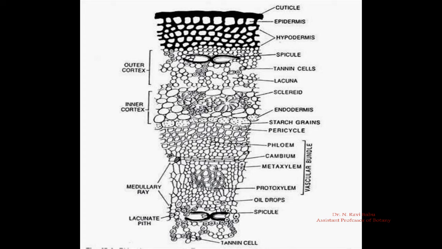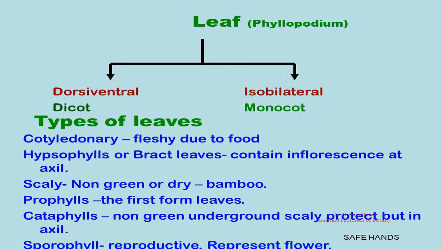Now, the leaves may be dorsiventral or isobilateral. Dorsiventral means, dear friends, say for example, if you take a leaf, and the leaf is clearly differentiated into two different surfaces, one is dorsal and the other one is the ventral surface.